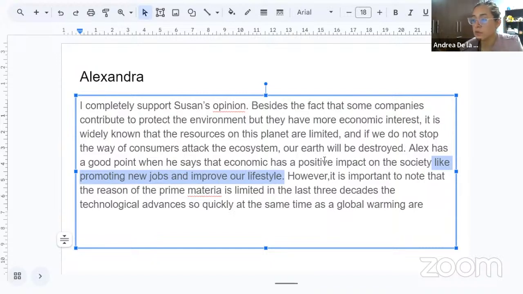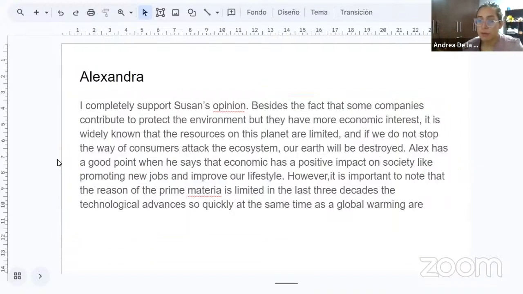Careful with the use of the indefinite article. When we talk about one specific thing in society, one thing in particular, we use that. If we're not talking about one thing in particular, but instead we're talking about things in general, then there's no need to use it. So good. Maybe what I would suggest, Alexandra, first, make sure that you have some vocabulary for talking about the environment.